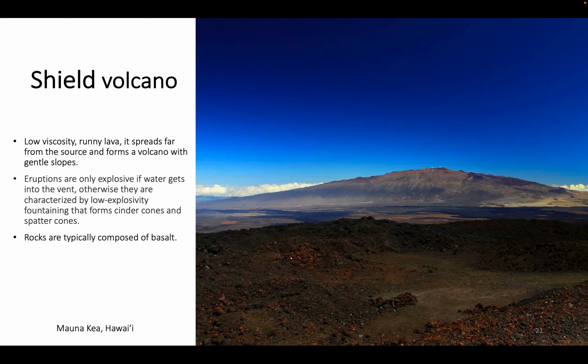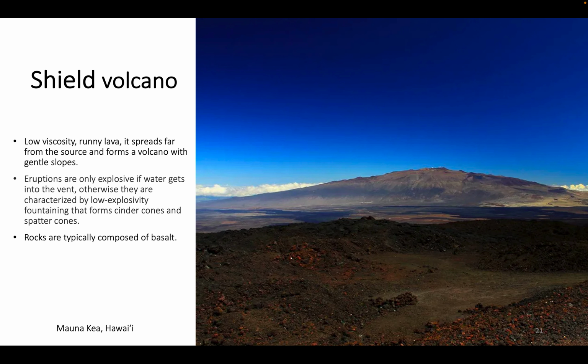That is because as lava flows out, the fluid lava spreads out in all directions from the summit or along 2 or 3 rift zones or fractures that radiate out from the summit, similar to spokes on a bicycle wheel. As lava flows overlap one another, they construct a broad, gently sloping, dome-shaped volcano.